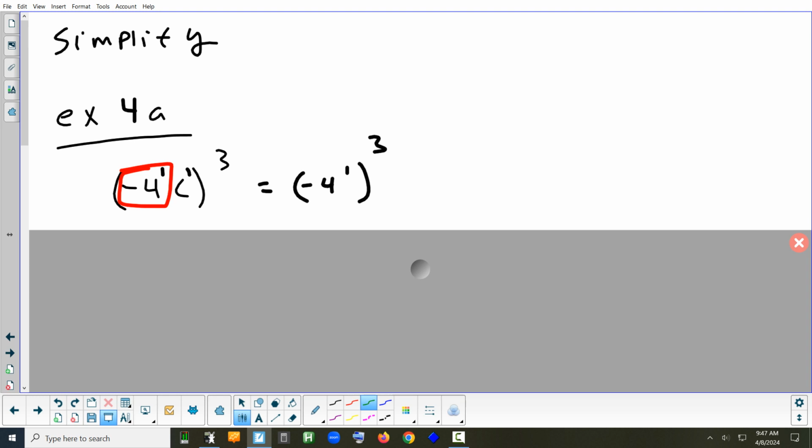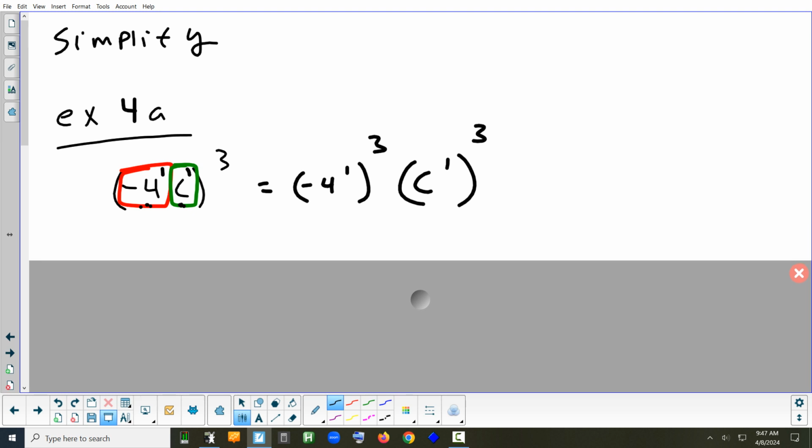All right. Now, that's my second factor, c to the first. What's the power on the outside that we're going to raise that one to? 3. Yep. So you raise each one of these things on the inside to the number on the outside.